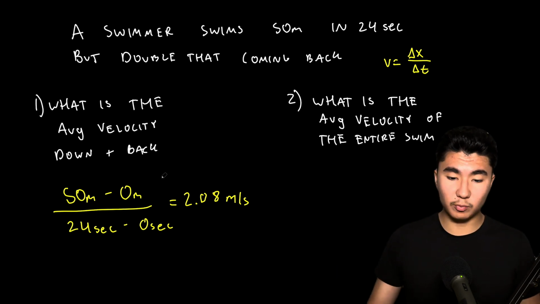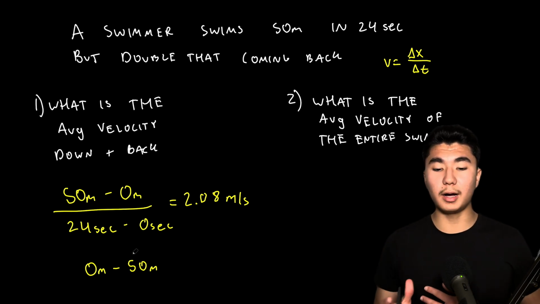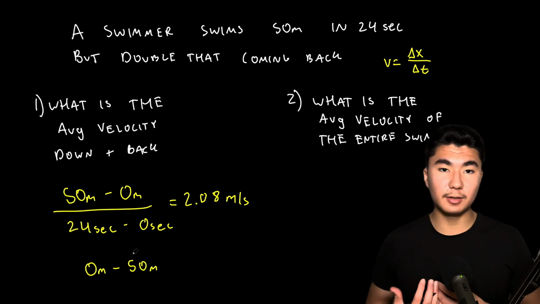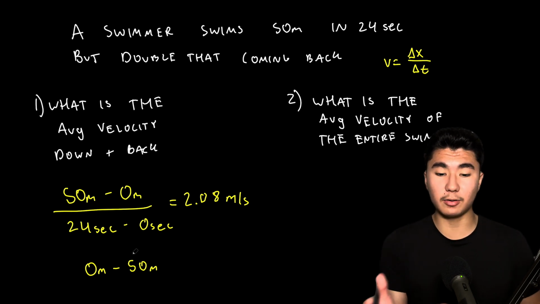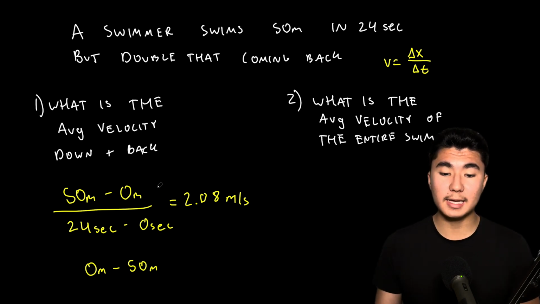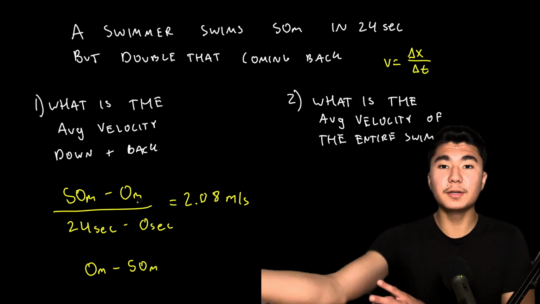Now what about coming back? Coming back, we're starting from those 50 meters, but we finish at 0 meters. The reason is that we've said out loud that our starting position is 0 meters, and when we go to the end of the pool, that's 50 meters.